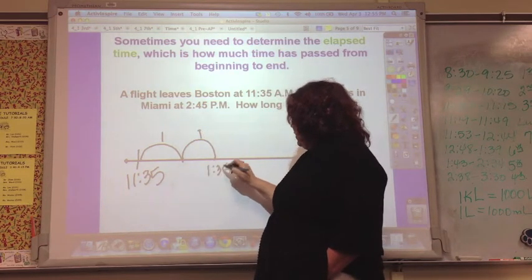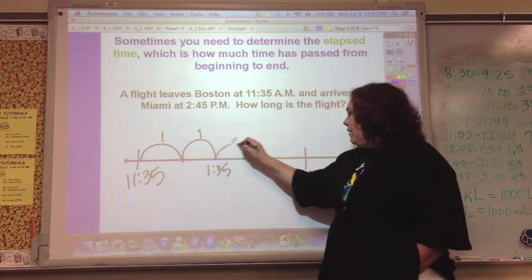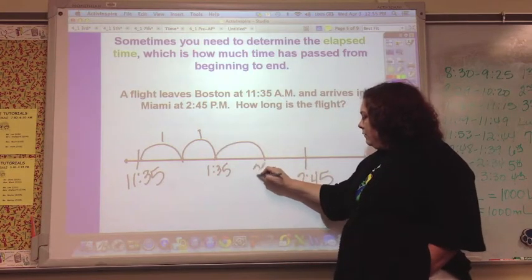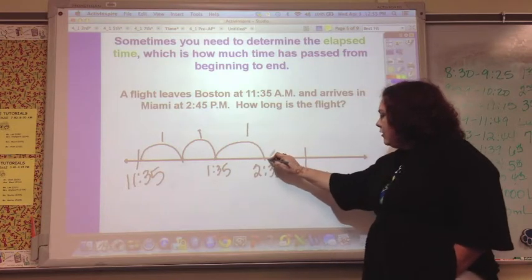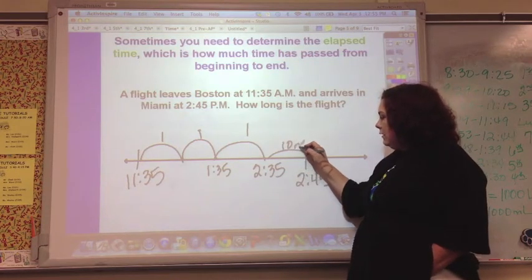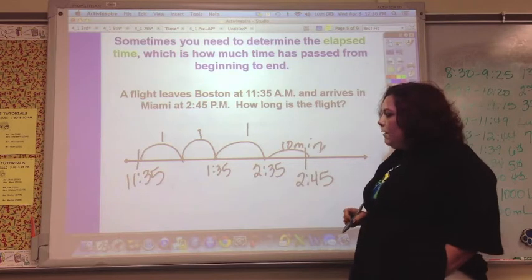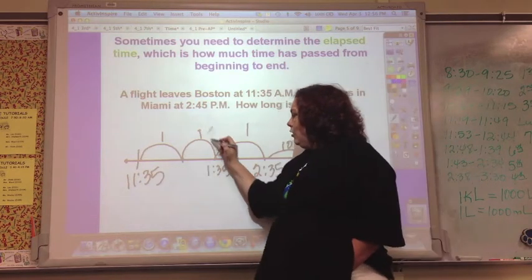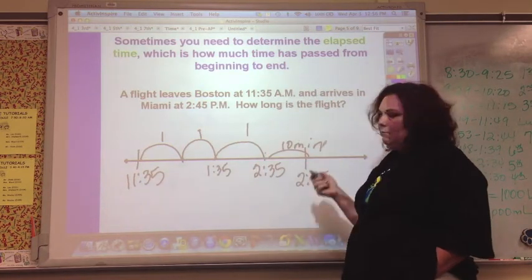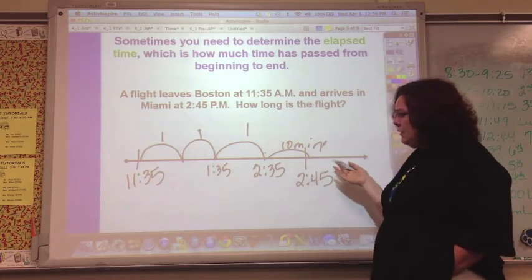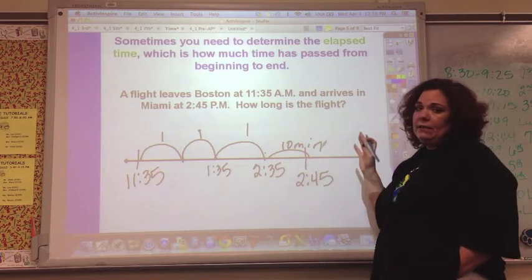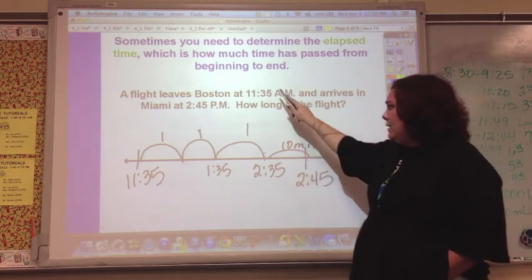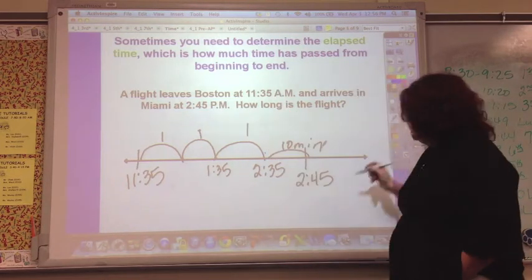And another hour puts me at 2:35, and that's an hour. And then I've just got 10 minutes. So my graph's a little off. But I've got 1 hour, 2 hours, 3 hours, and 10 minutes. And that's how you use the number line to plot this out, instead of trying to subtract, and especially whenever you're going from AM to PM.